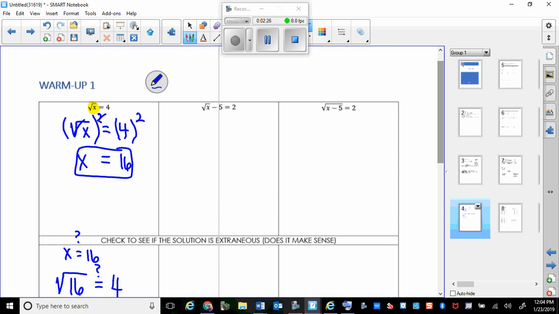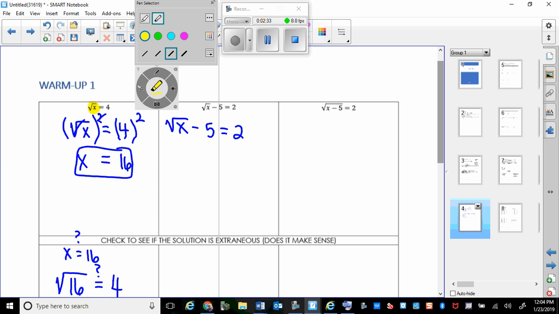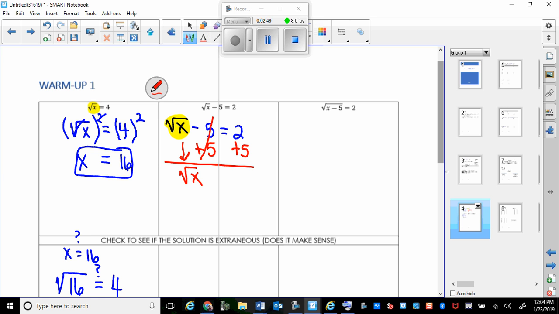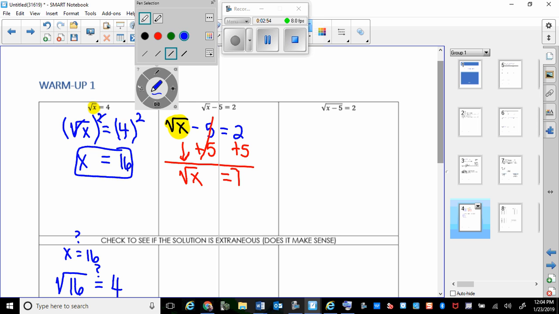We have the square root of x minus 5 equals 2, and I just want to highlight the radical here. And if you notice, there is a number that I need to move. I need to move the 5, so I add 5 to both sides. Square root of x comes down, this goes away, equals 7. And in order to get rid of the radical, I need to square both sides.